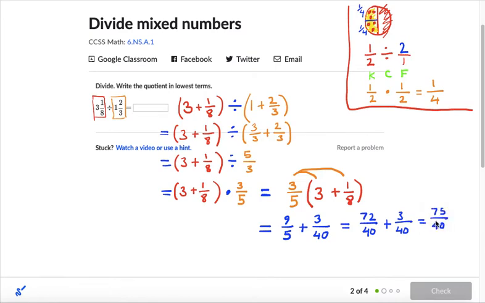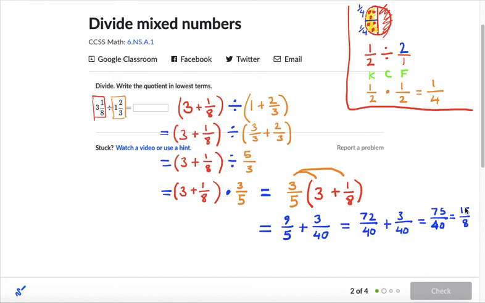40ths, which then needs to be reduced. So that's not a huge problem to reduce that. The least common multiple looks like it's going to be 5 anyway. So I got 8 right here, dividing by 5, and right here I should have 15 right there.